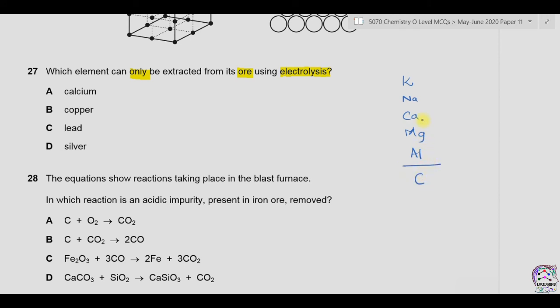So carbon cannot reduce the oxides of these elements, therefore electrolysis is needed. So it could be calcium. Copper is below carbon, so copper can be reduced by carbon. Lead can also be reduced by carbon, and silver by carbon too. So the only correct option is A.